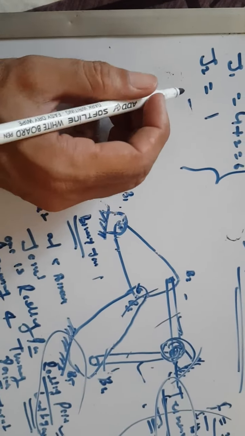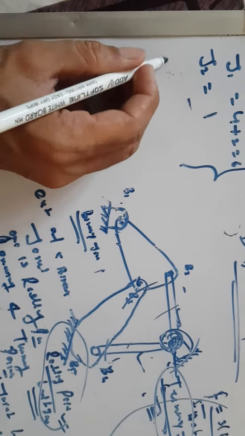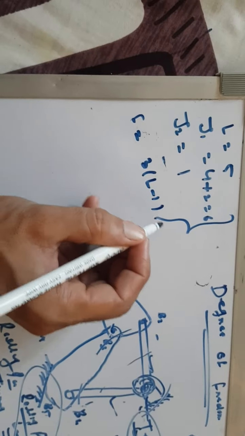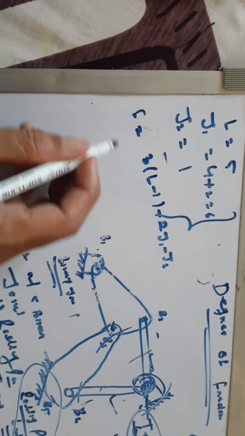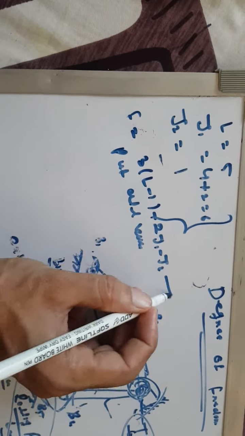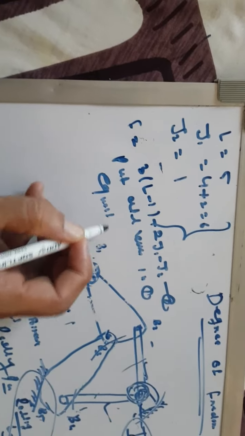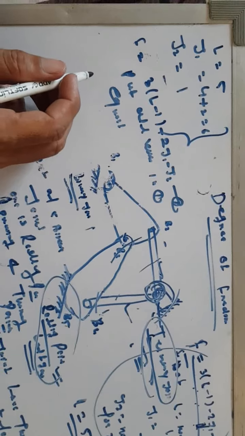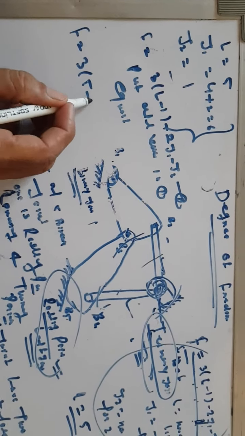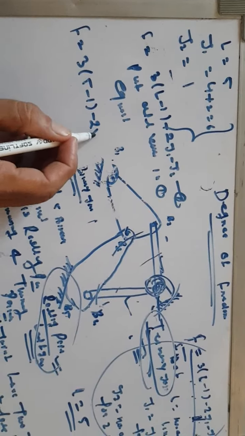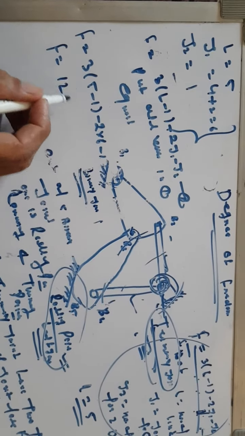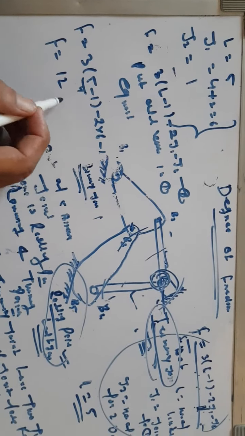Now we calculate the degree of freedom: F = 3(L - 1) - 2J1 - J2. Putting all values in the equation, F = 3 times (5 - 1) minus 2 times 6 minus 1. Calculating, 3 times 4 is 12, and 2 times 6 is also 12, minus 1.